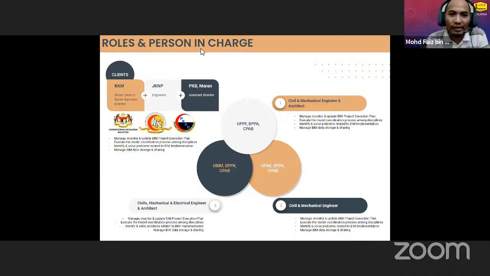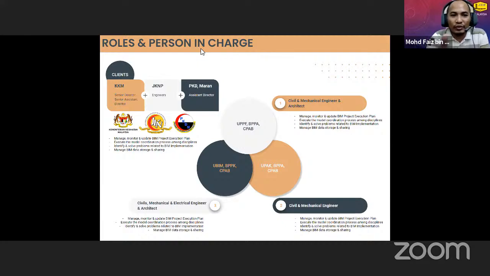Yes. So this slide pun sama lah, sebab I think you misunderstood. Kalau tengok KKM, JKMP tu dia engineers, PKD Maran assistant director. So this one I think dia not related to the person in charge.